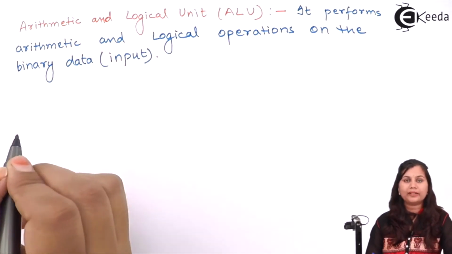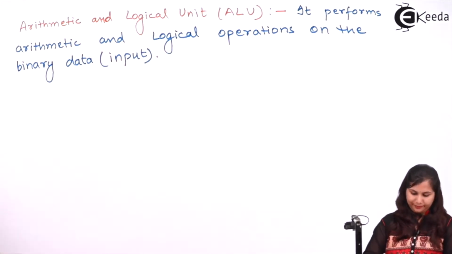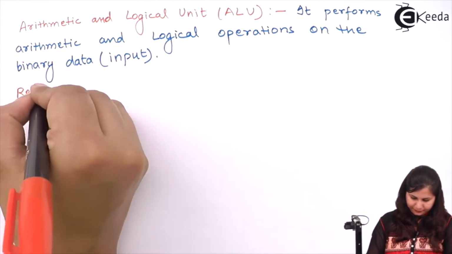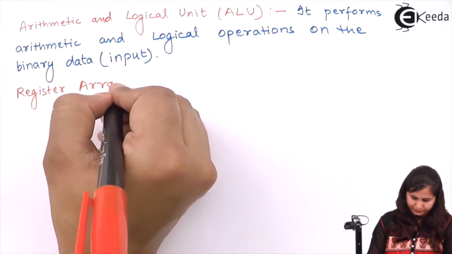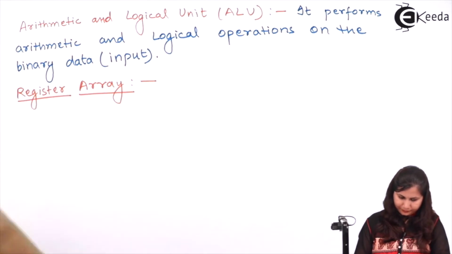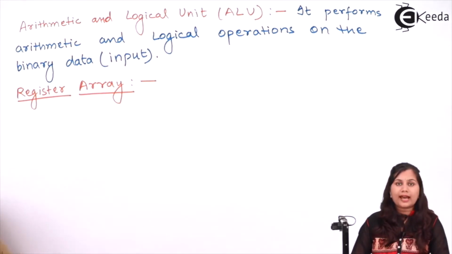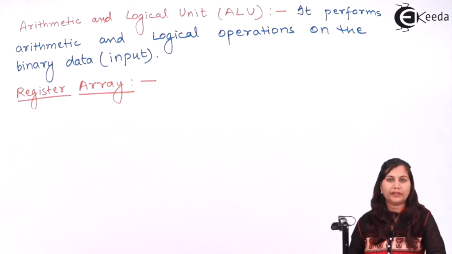The next component was the register array. The register array is used to hold or store the intermediate data or intermediate results while certain operations are going on.